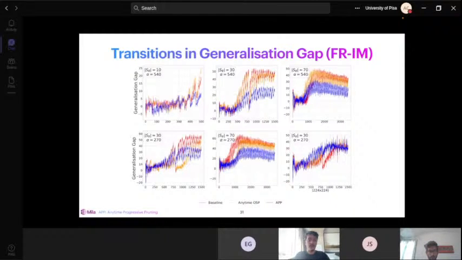For 70 megabatches, you have the exact same trend that we observed in CIFAR-10. Even in the case of 30 megabatches, it has that initial trend, but it hasn't dropped enough to show the phase transition. In general, this trend is quite predominant when we have a very high number of megabatches.